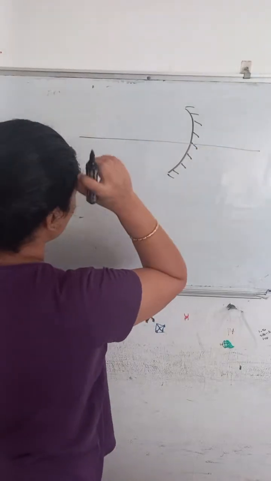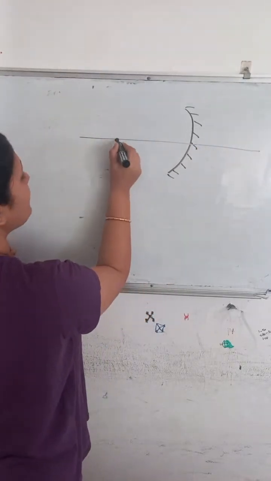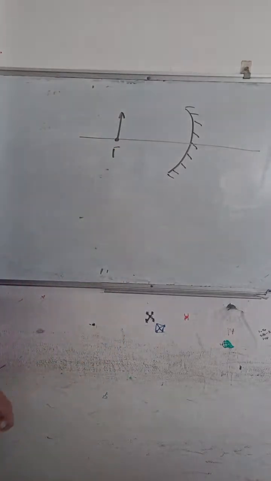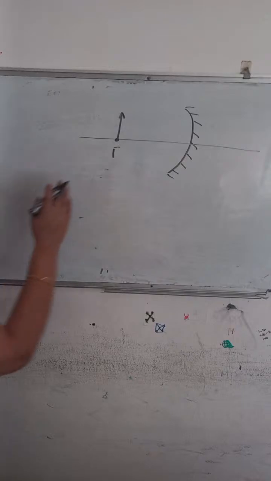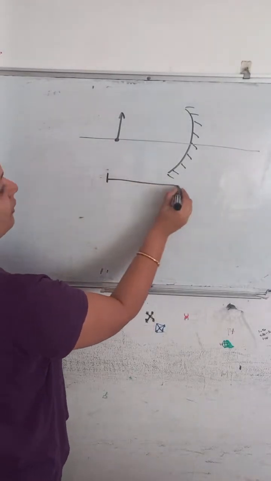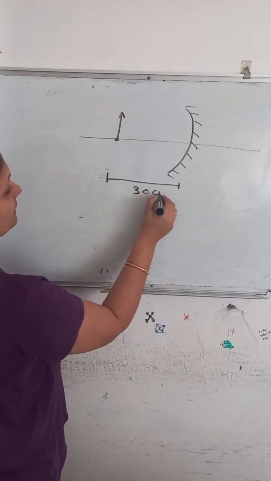So here they are saying the object is kept at the focus. Is it focus or what they are saying? The distance 30 centimeter of the concave mirror. So here object is somewhere kept over here, and that from pole to this distance is 30 centimeter.